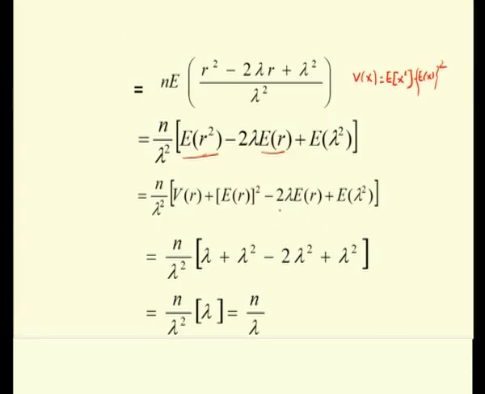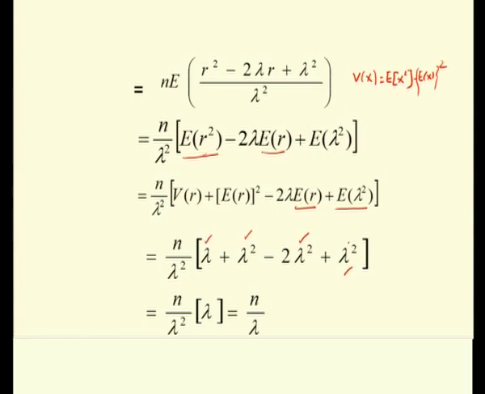Next, minus 2 lambda E of R plus E of lambda squared. Again, lambda squared is a constant, so expectation of that is lambda squared. E of R, that is the mean of Poisson distribution, is lambda. Lambda into lambda gives you lambda squared. Here the mean is lambda, so it becomes lambda squared. Variance of Poisson distribution is lambda. So, you got the terms.